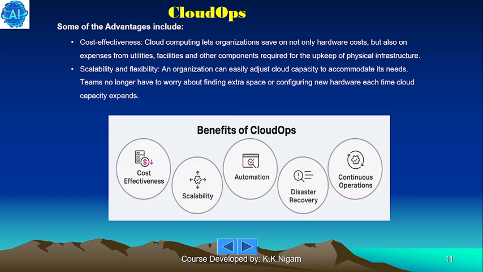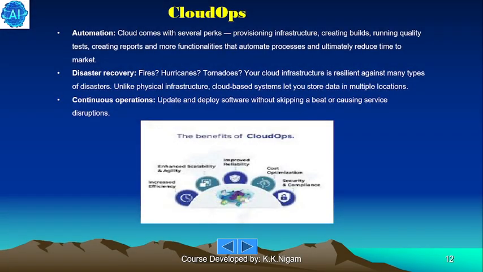Teams no longer have to worry about finding extra space or configuring new hardware each time cloud capacity expands. Automation. Cloud comes with several perks: provisioning infrastructure, creating builds, running quality tests, creating reports, and more functionalities that automate processes and ultimately reduce time to market.